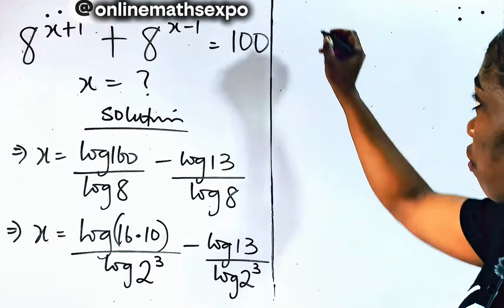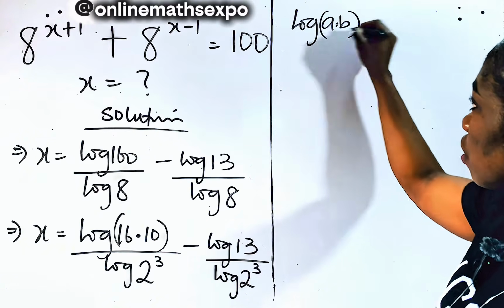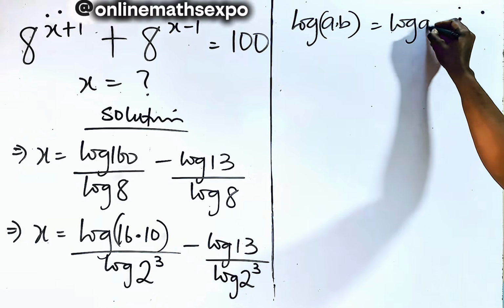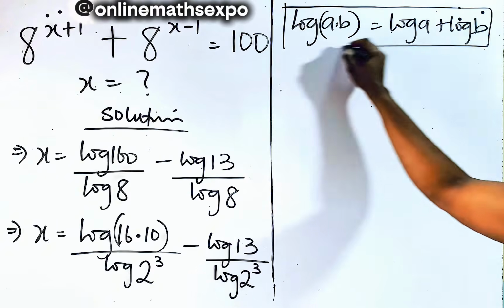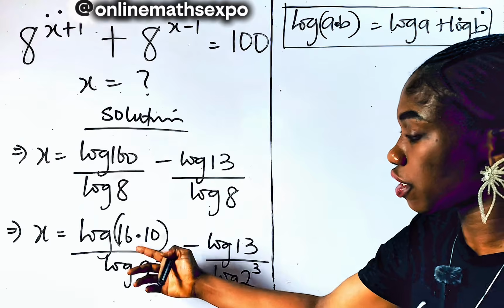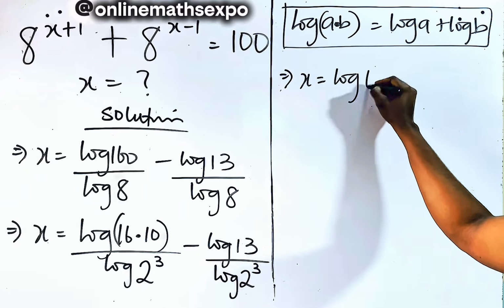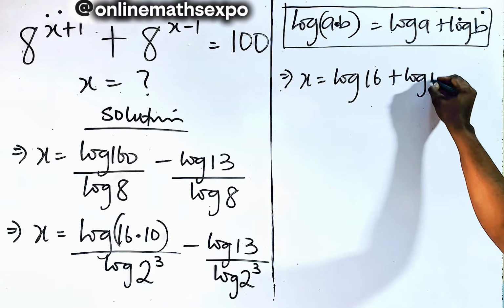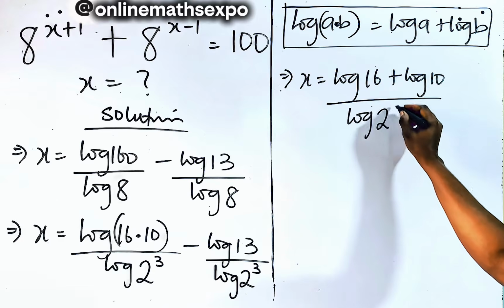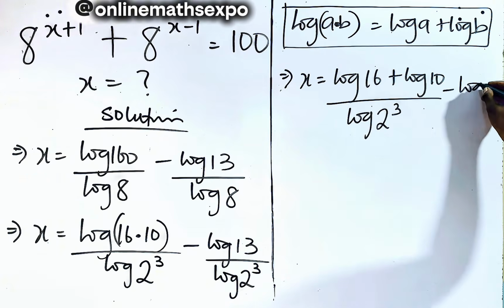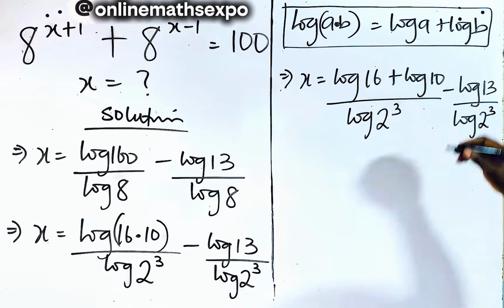Keep simplifying. For every log of a multiplied by b, it is always equal to log of a plus log of b. So we are going to apply this logarithm rule here. So to have x is equal to log of 16 plus log of 10, divided by log of 2 to the third power minus log of 13 divided by log of 2 to the third power.